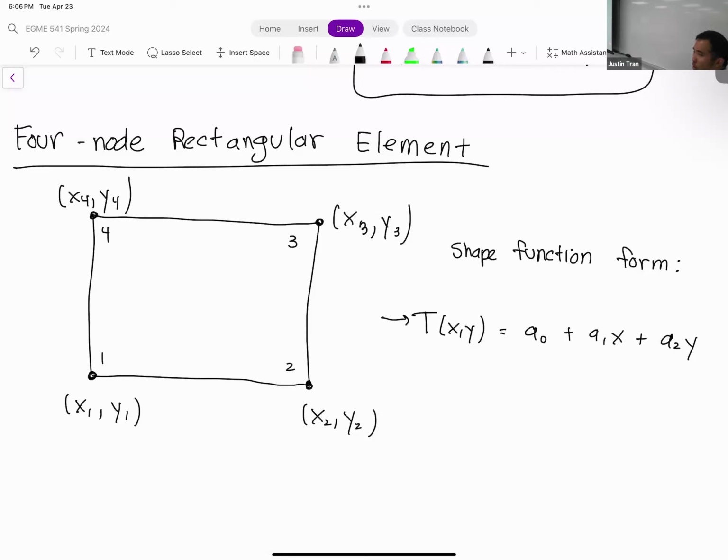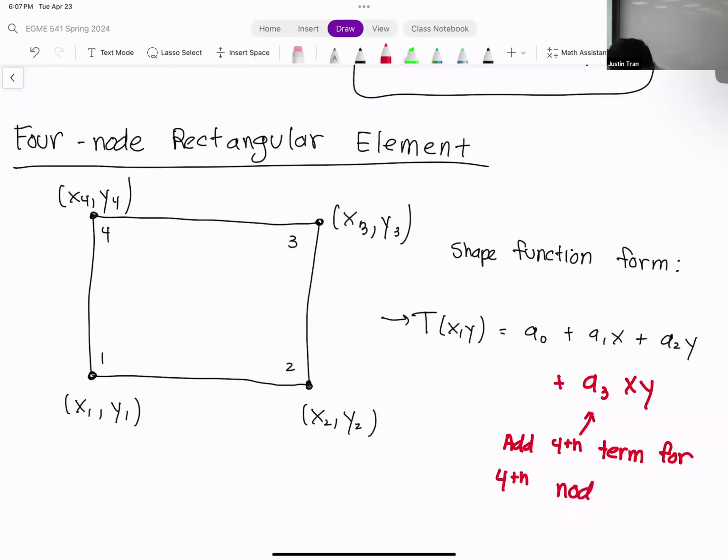But since we have 4 nodes in this element here, we actually need to add a fourth term. And so that fourth term is going to be a3 xy. So we add this fourth term because we have that fourth node.